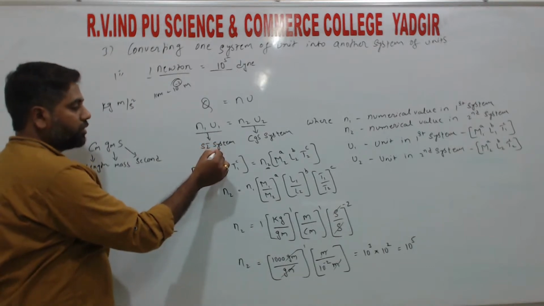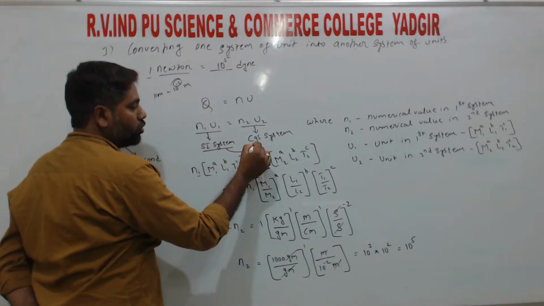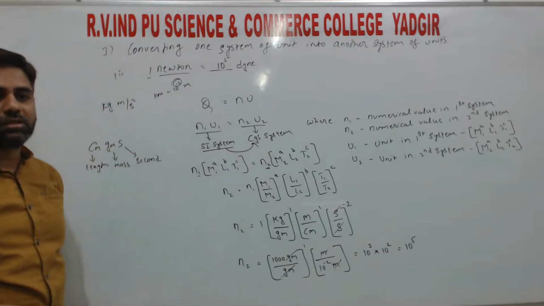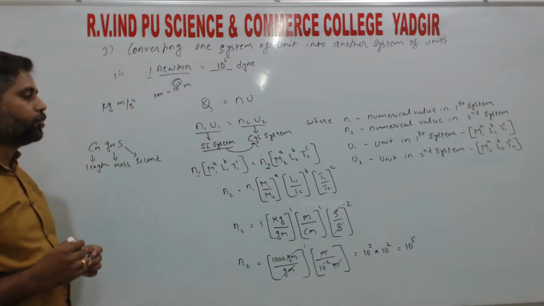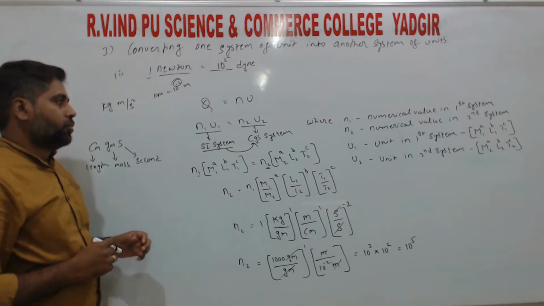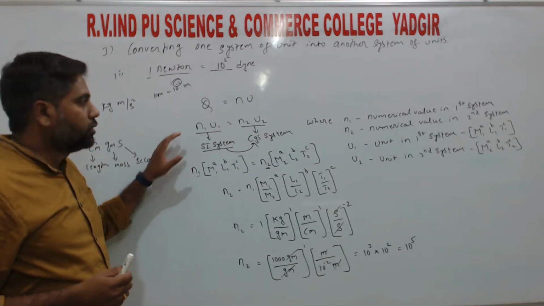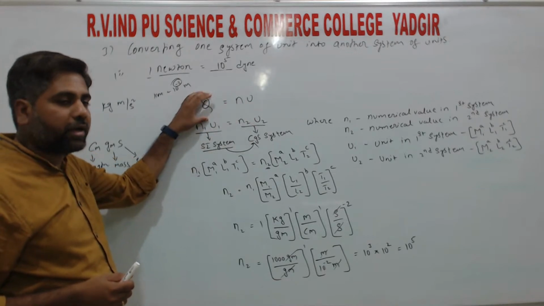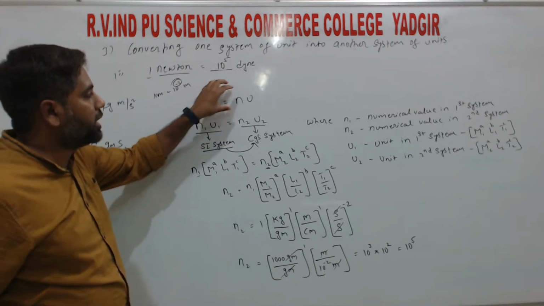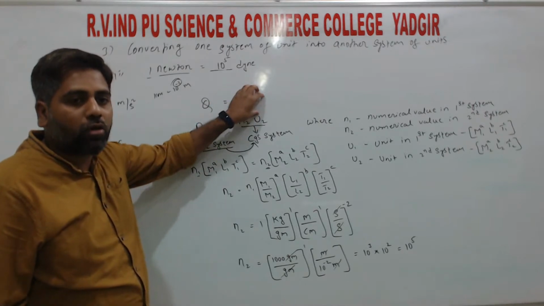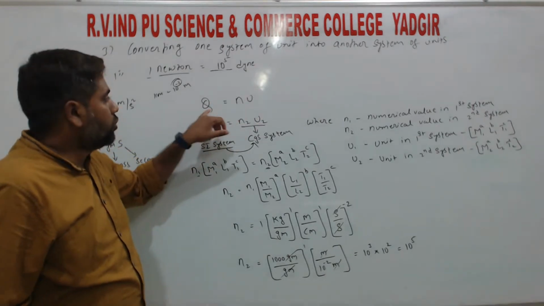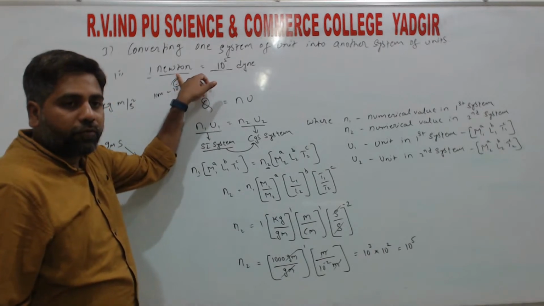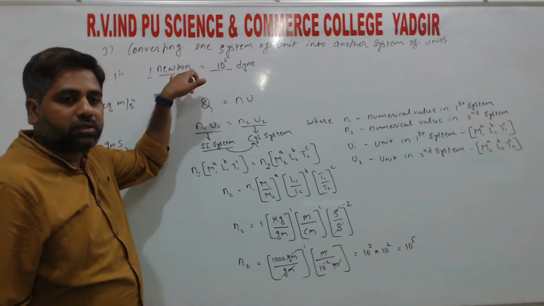So here I am converting from SI system to CGS system, right? So simple is that by using the relation Q is equals to nu. So Q is a physical quantity. So this physical quantity we can express by its numerical value along with its units. So Newton is the unit for the force. Force is a physical quantity.